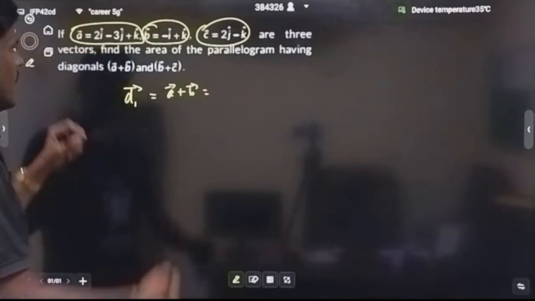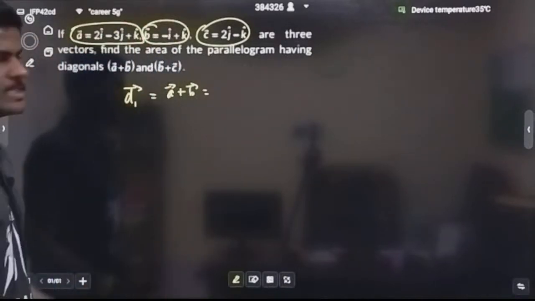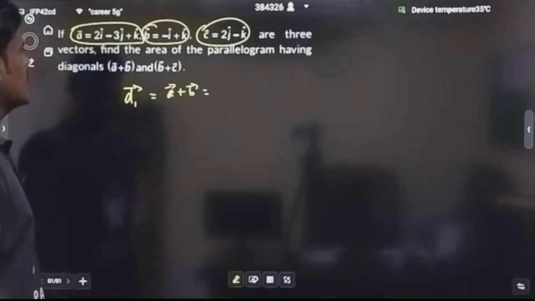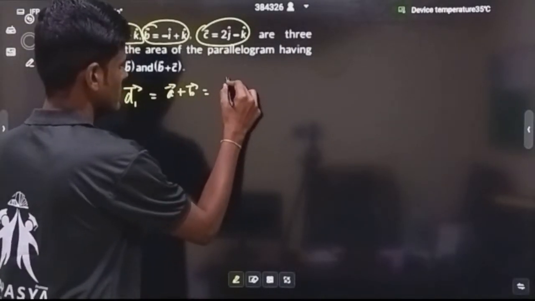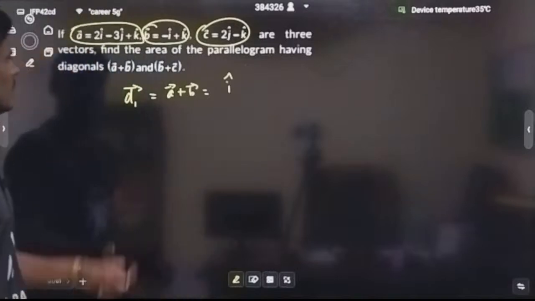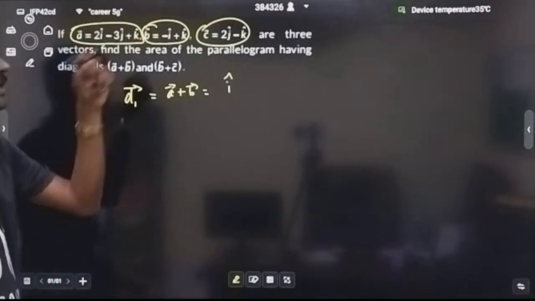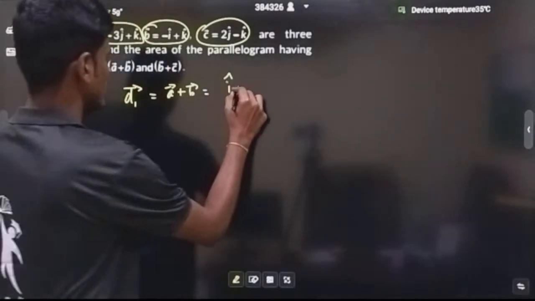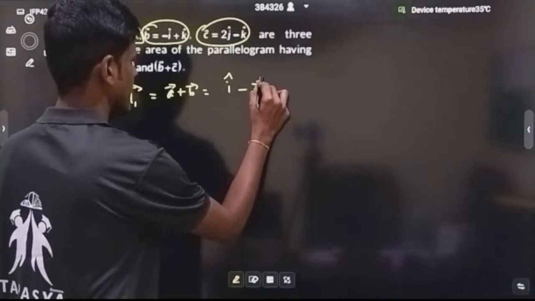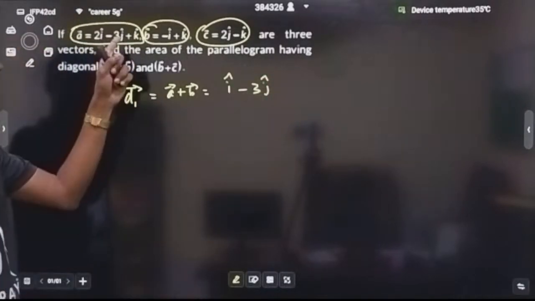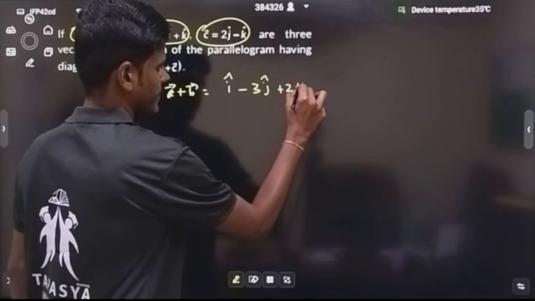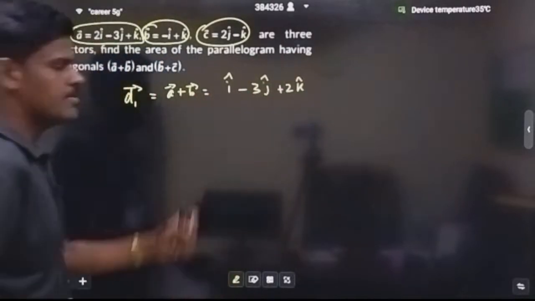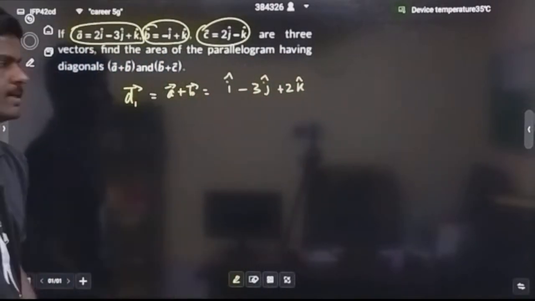A plus B will be, add the corresponding components: 2i minus i, that will be plus 1i, so it will be i cap. Then minus 3j; here we don't have a j term, so it will be minus 3j cap. Then plus k plus 2k cap. This is D1, that is A plus B vector.